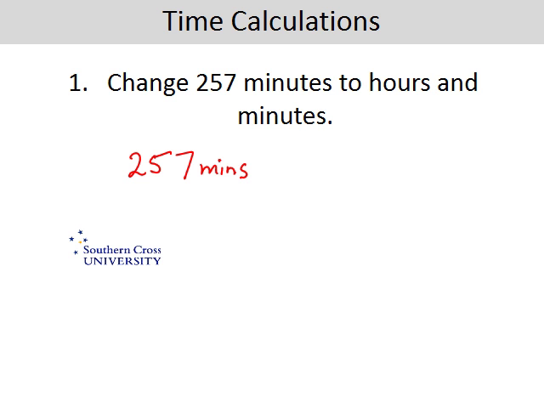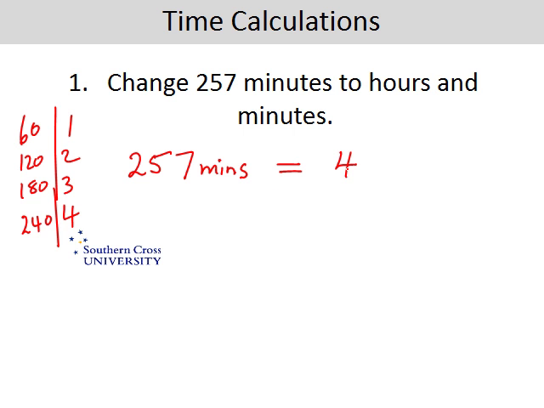You can count up in multiples of 60 first up, so you know that 1 hour is 60 minutes. 120 minutes is 2, 180 is 3, another lot of 60s, 240 is 4, and you can see that we're not going to get another lot of 60 out of this 257 minutes, so that means that that is 4 hours.